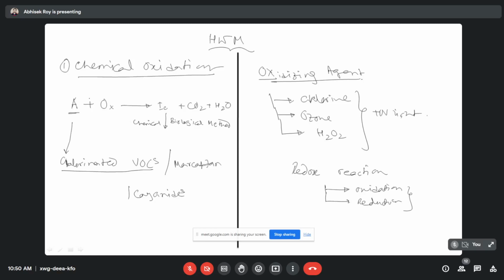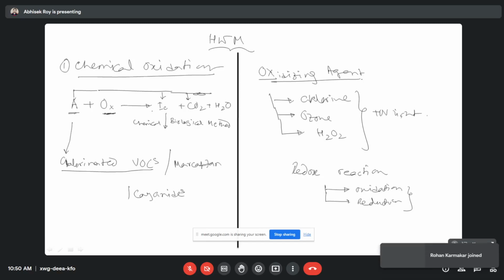Like here, suppose this oxidizing agent is oxidizing A to either CO2 or the intermediate compound. The oxidizing agent is oxidizing compound A, so it itself gets reduced to some other forms, right?